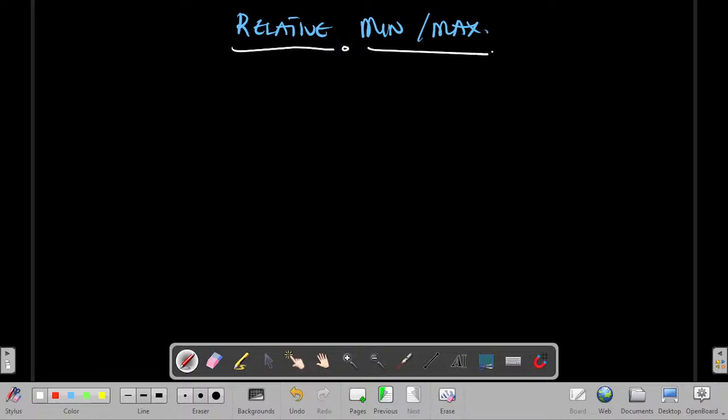Relative minimum and maximum. This one is very technical.